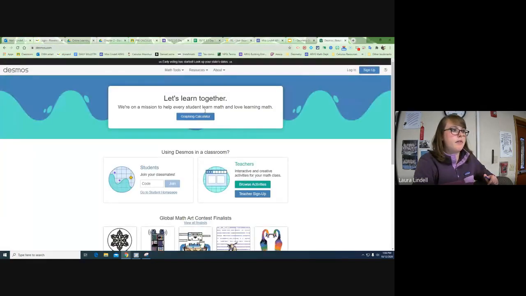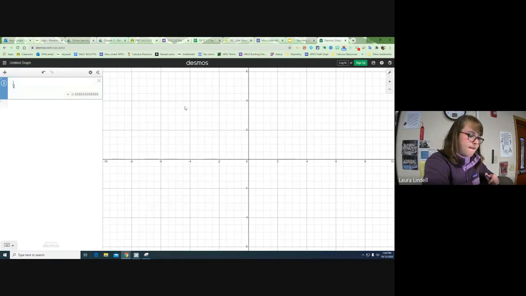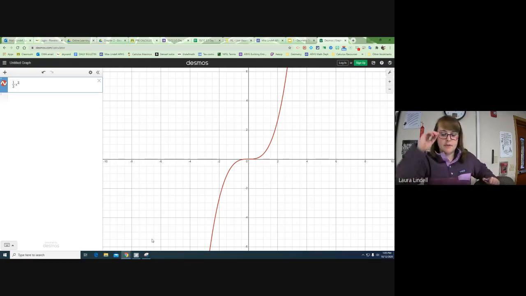So if we go to Desmos and we type in 1/3 x to the third, take a moment and try filling in those things: the domain, the range, the increase, the decrease, y-intercept, zeros, end behavior, and continuity. Since this is kind of a refresher of the first part of Chapter 1. Once you think you have those things, type done in the chat.